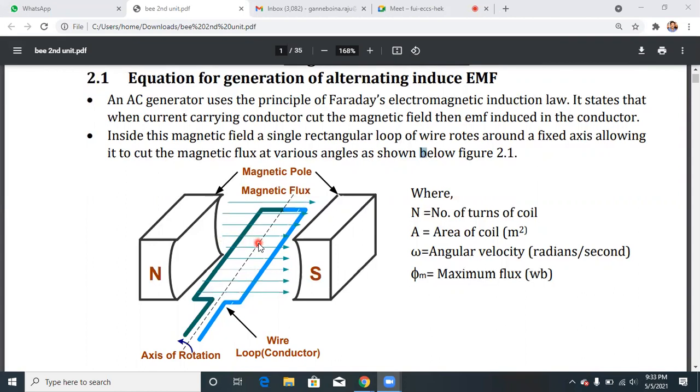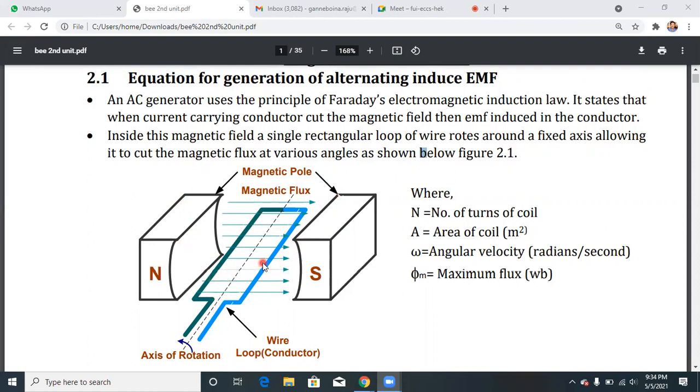For a generator, the conductor is rotating in a stationary magnetic field, and EMF is generated because of the flux cutting the conductor. The output is EMF.